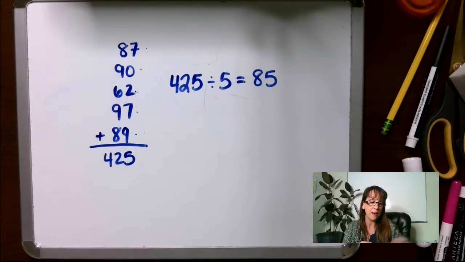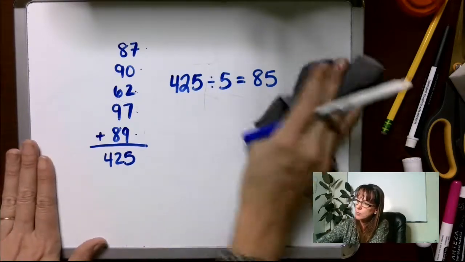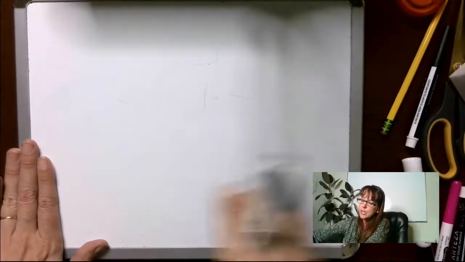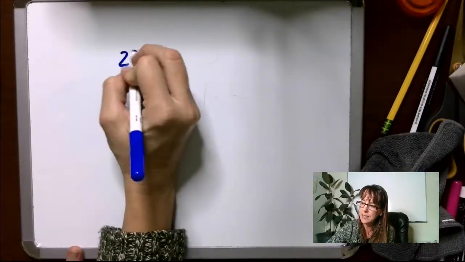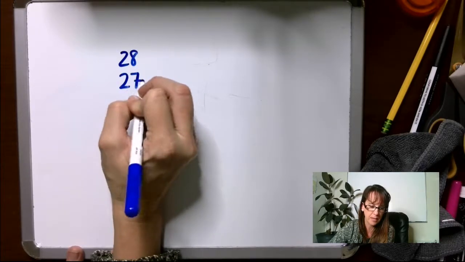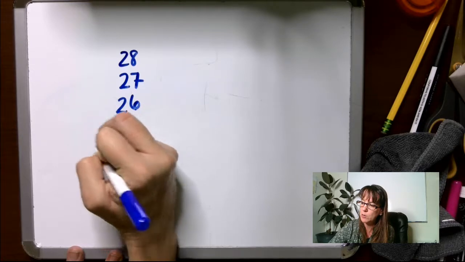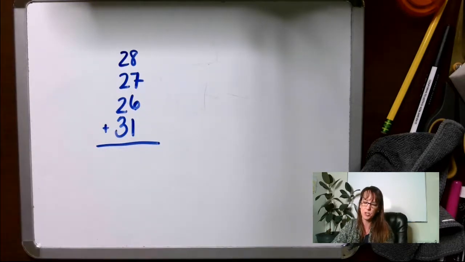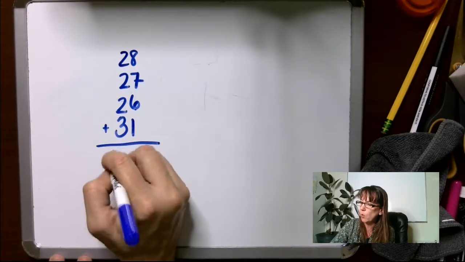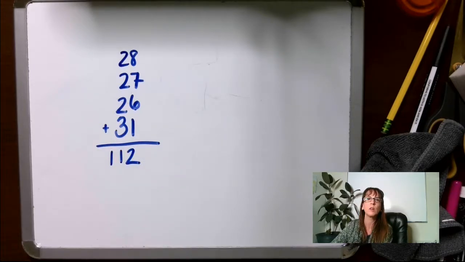What is the average number of students in each classroom? So again, we're going to take 28 plus 27 plus 26 plus 31, and add up all of that information. When we do, we get 112 students.